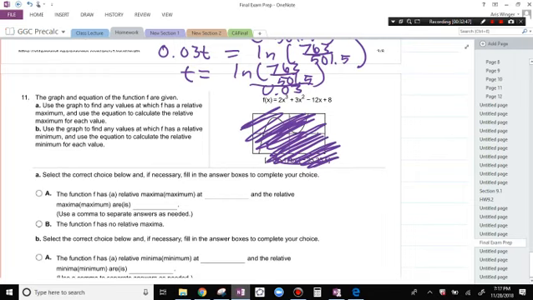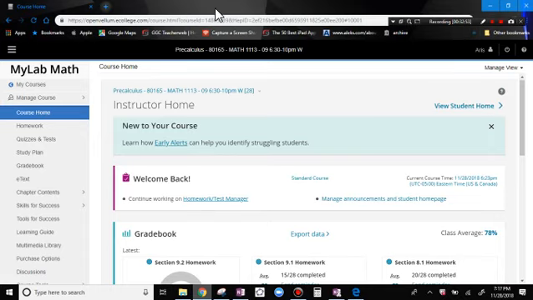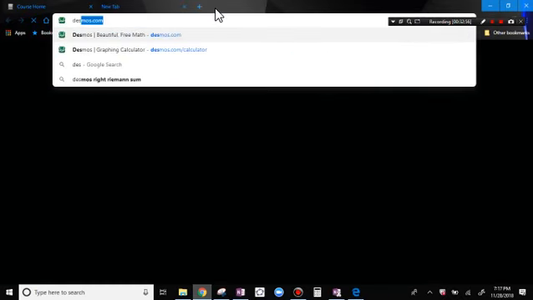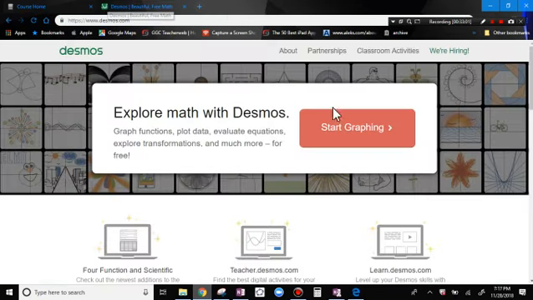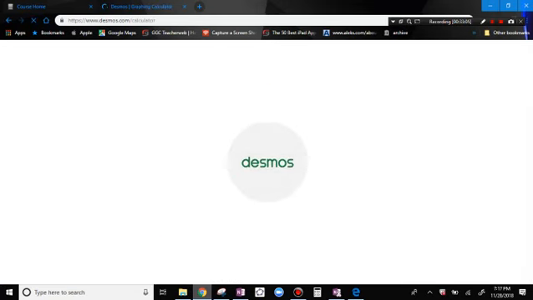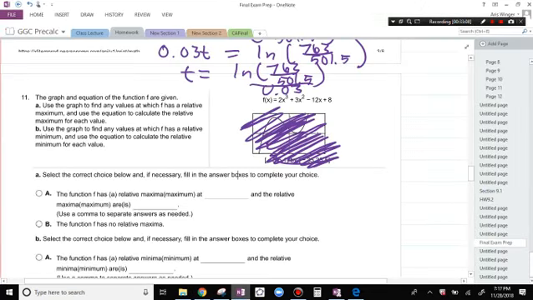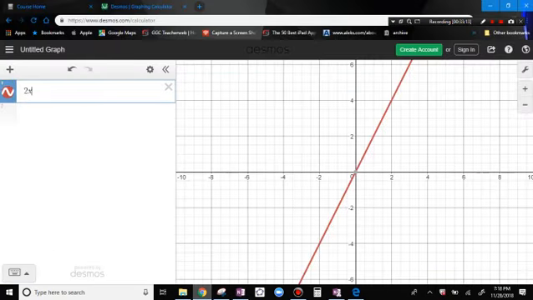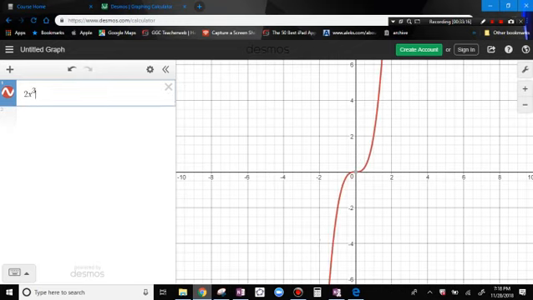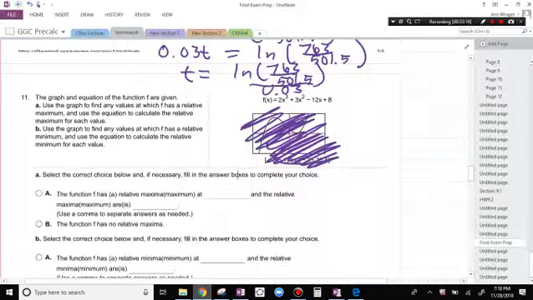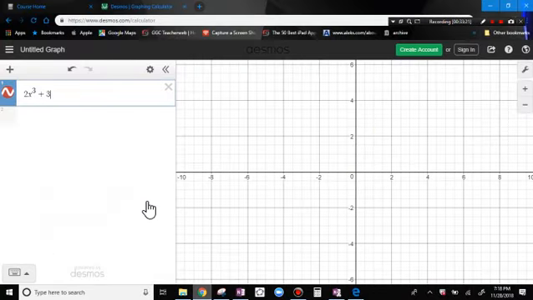Okay, so I'll put this one in myself, and let's see if Desmos loads fast enough. We should be able to do that on our calculator also. Yeah, we should practice now. Let's graph this function: 2x cubed plus 3x squared minus 12x plus 8.